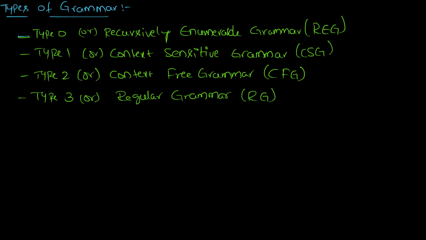Based on the structure of productions, we classify grammars into four types: type 0, type 1, type 2, type 3. Similar to the types of languages, we have the corresponding grammars: recursively enumerable grammar, context sensitive grammar, context free grammar, and regular grammar. We'll look at these grammars and the corresponding languages in further lectures.